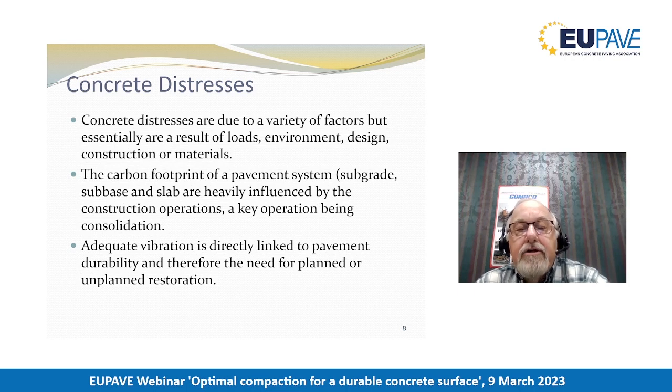Because consolidation is so important in the long-term performance of the concrete pavement, it will significantly influence the necessary remedial measures moving forward. If you're looking at a life cycle cost analysis of a pavement, and you don't get adequate consolidation and you have distresses in the pavement, it simply reduces the lifetime of the pavement up to the point where the first, second, third rehabilitations occur.